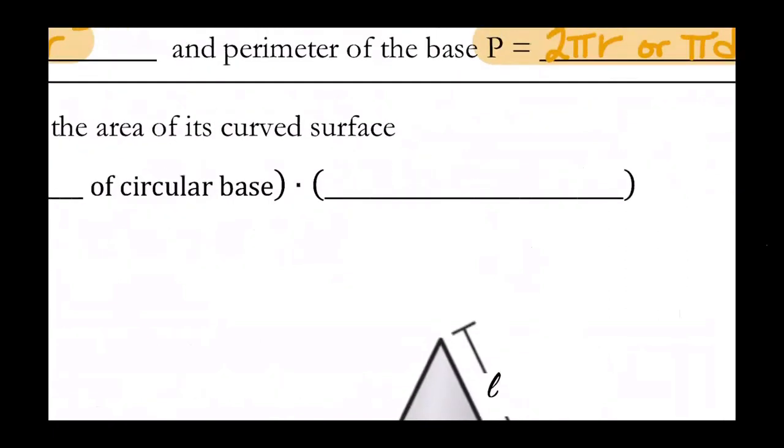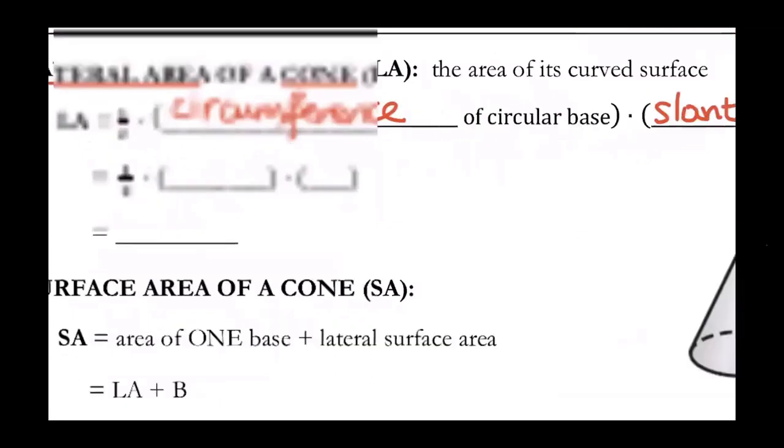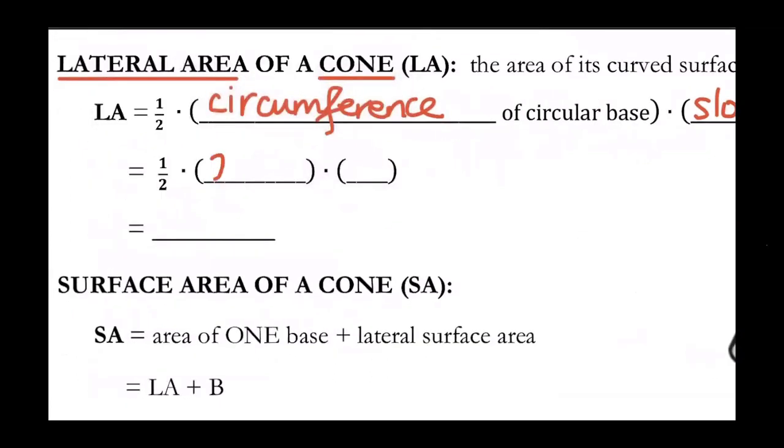So 1/2 circumference times slant height. So we have 1/2. The circumference is 2 pi r. The slant height is L. That 1/2 and that 2 cancel each other. So it becomes just pi r L. Lateral area for a cone is pi r L.